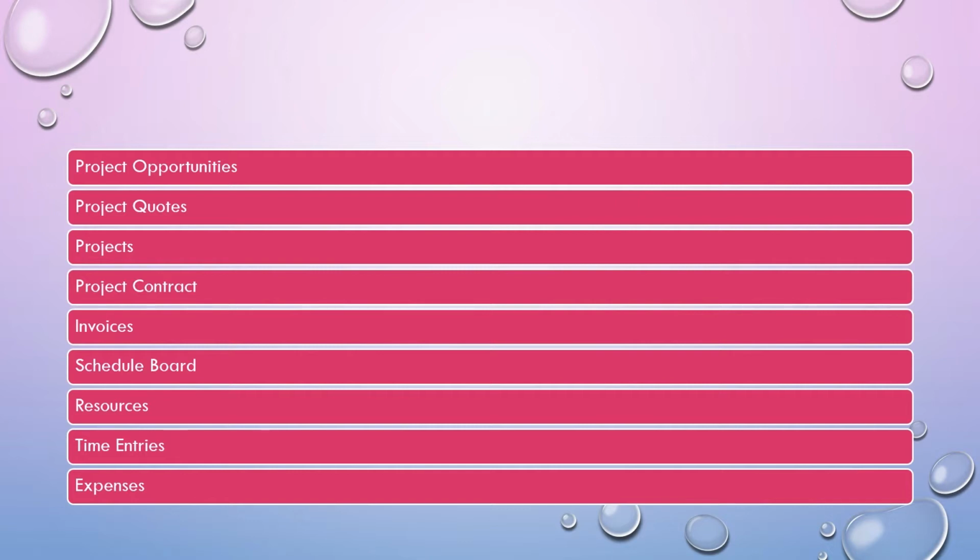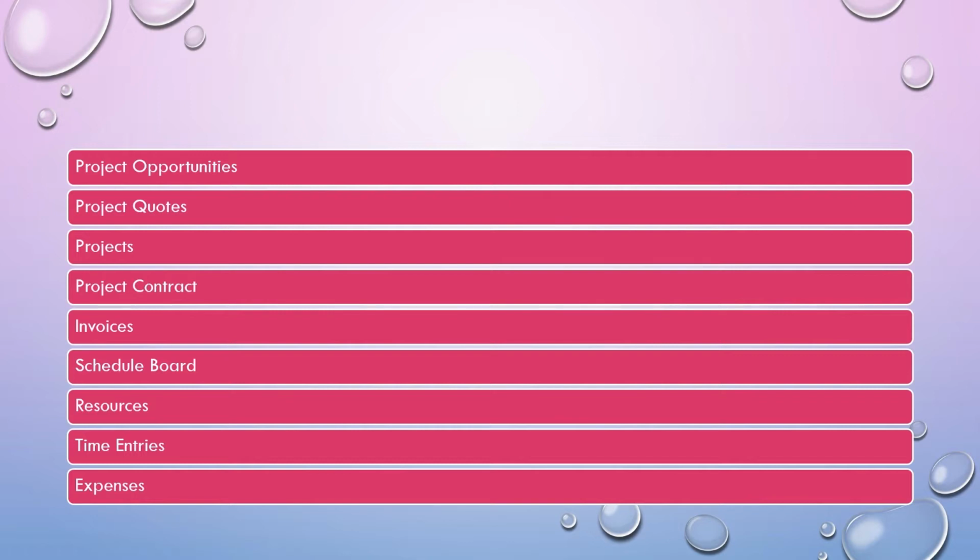So we'll have one project, and against that project we need to have multiple resources, right? We need a project manager, functional consultants, technical consultants, testers. We need multiple resources to work on that project, so those will be mapped using the schedule board.